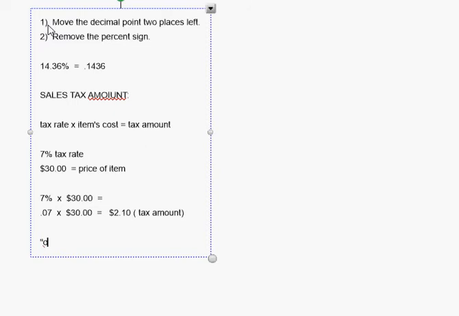And keep in mind, the word of means to multiply.